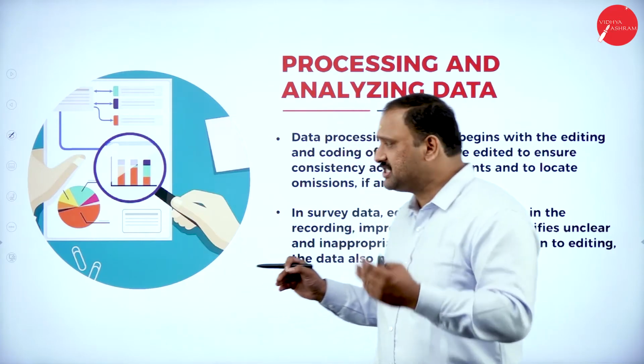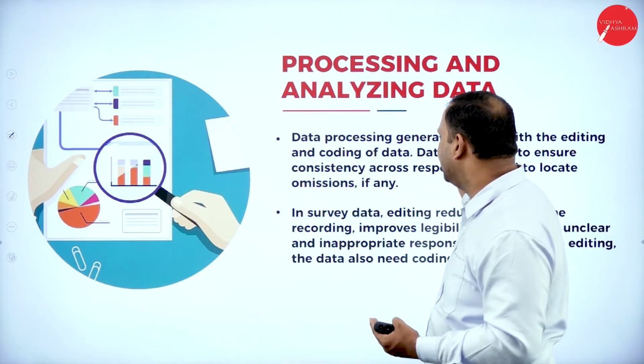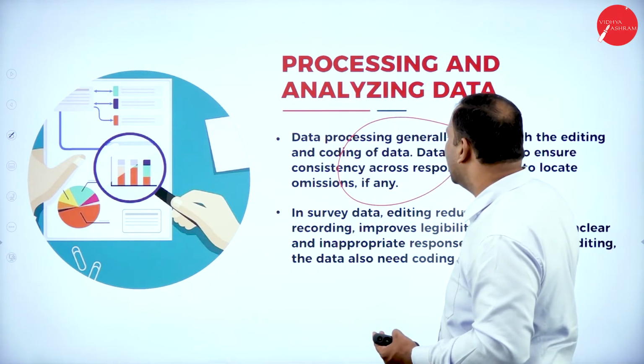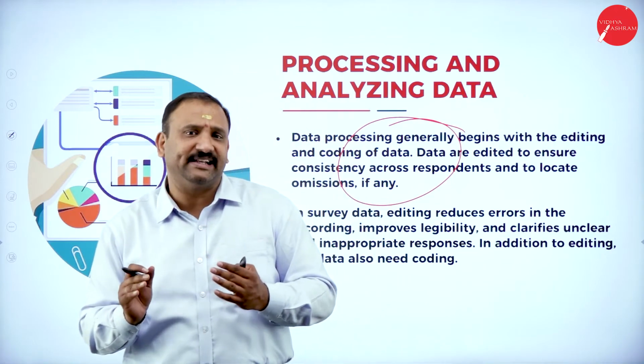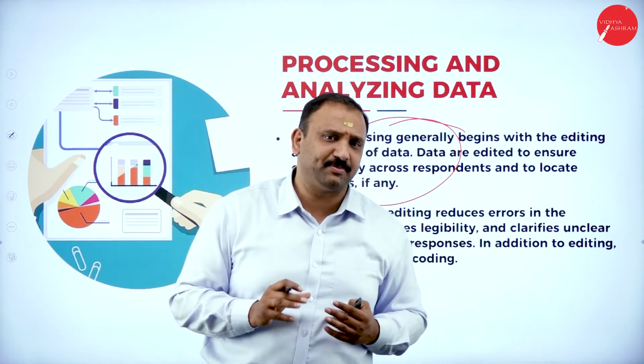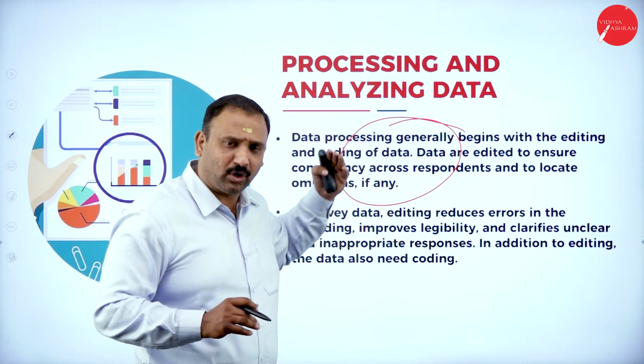Now, the processing part is analyzing. So once the data is there in your hand, the data processing begins with editing and coding of data. You try to segregate the data, you try to put it under respective columns and subheadings, you try to look into who are the people, what are the different things.